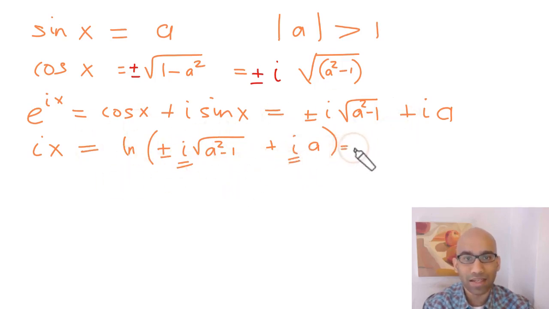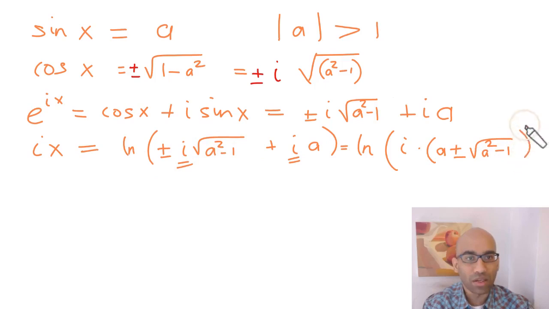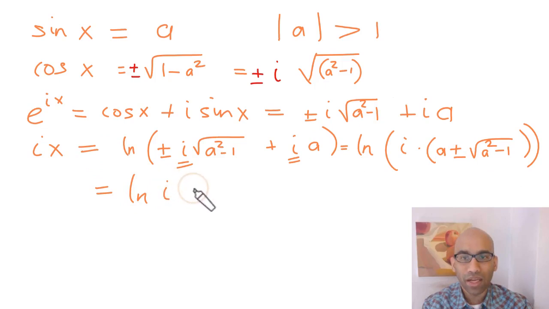So we can write this as ln of i times this quantity, a plus minus square root of a squared minus 1. And now we can use the property of logs. Log of a times b is log of a plus log of b. And so you can write this as log of i plus the log of a plus minus square root of a squared minus 1.